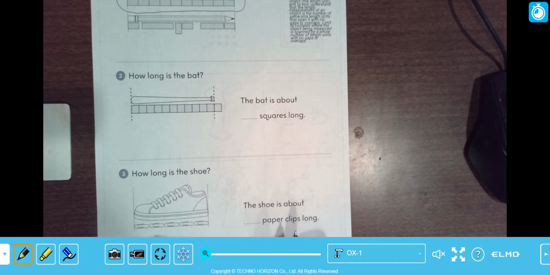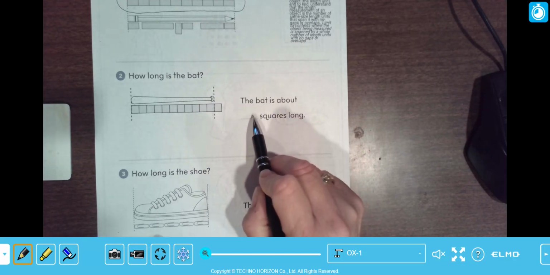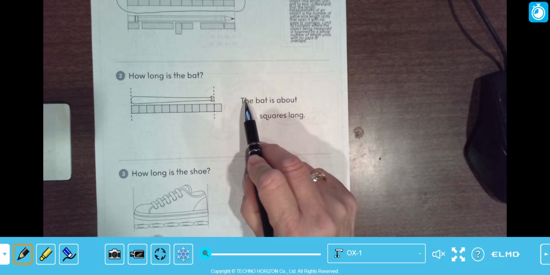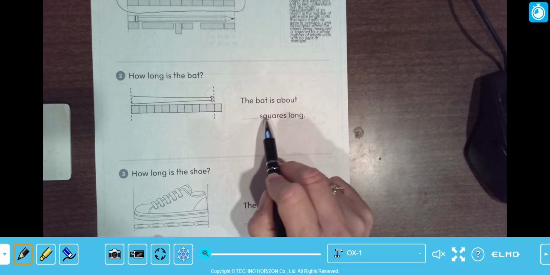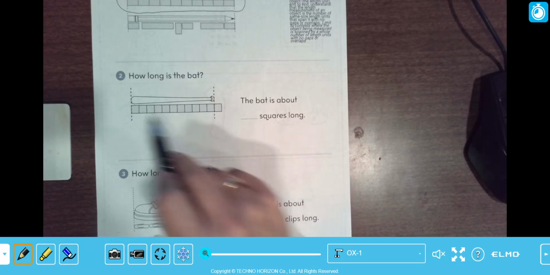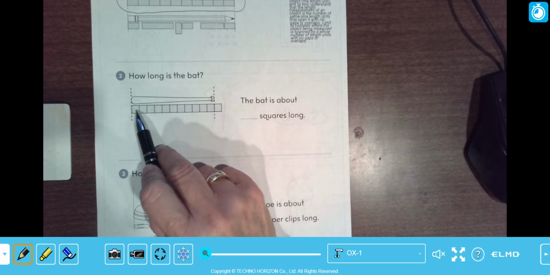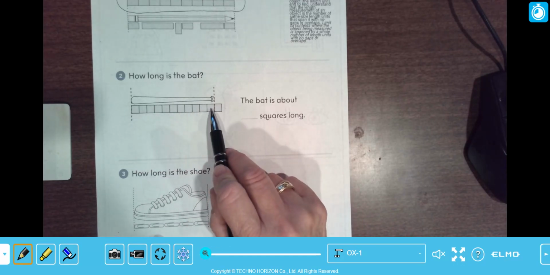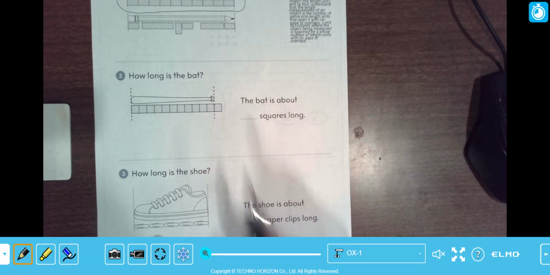Count how many units that is. Okay, so write that number here. It says the bat is about blank squares long. So you have to count the squares from here all the way to here and write that number right there.